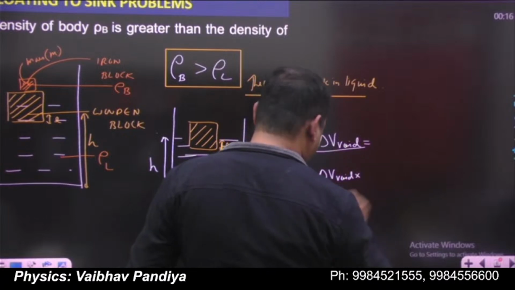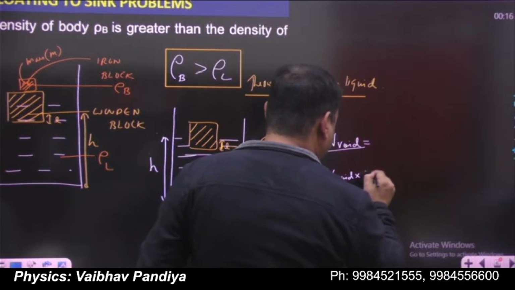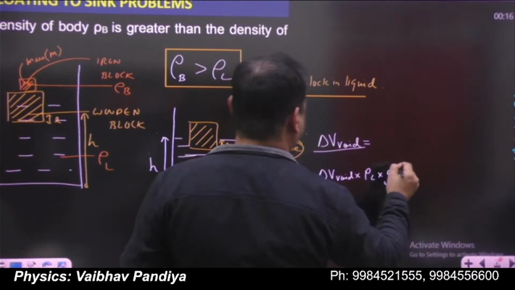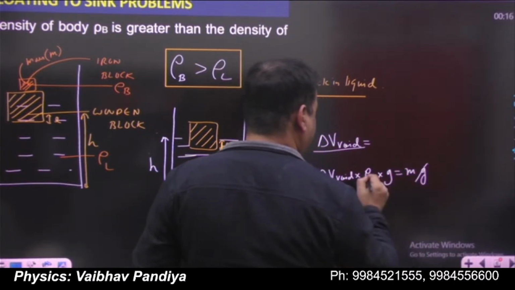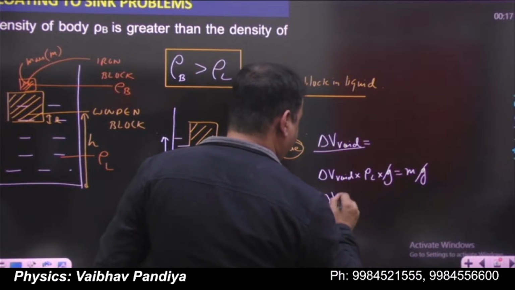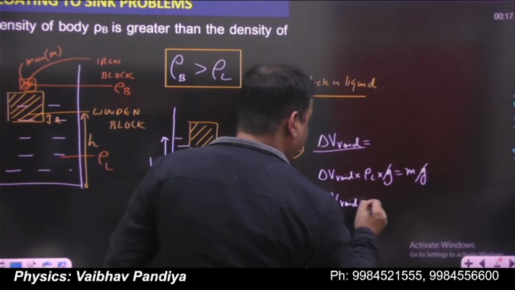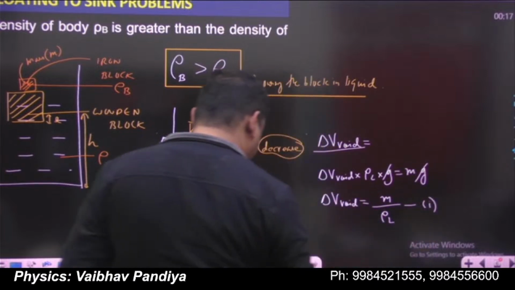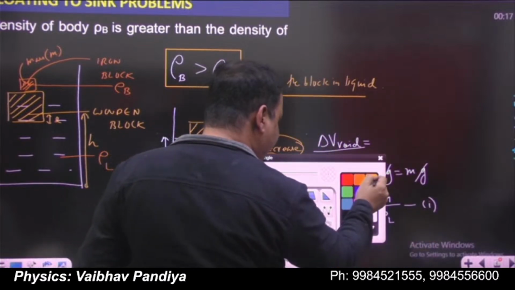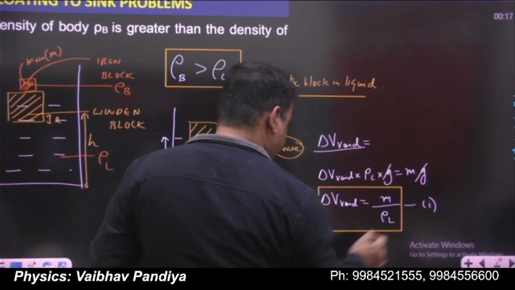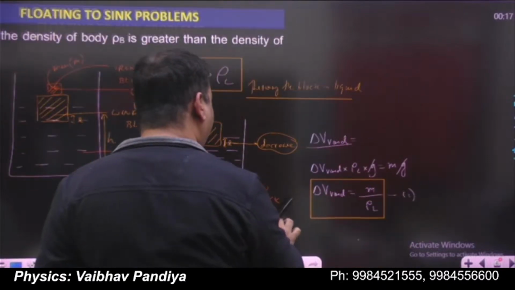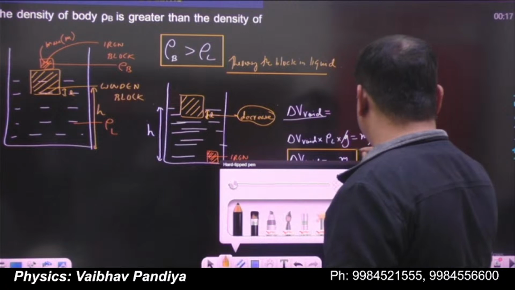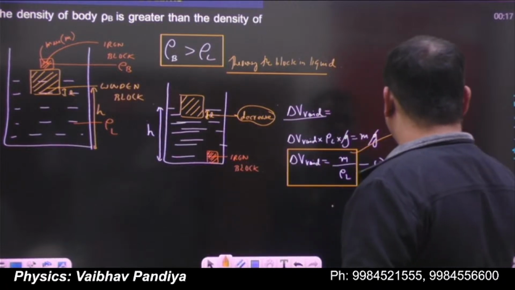So delta V void times density of liquid times g equals mass of the iron, M times g. So we'll get delta V void is equal to mass divided by density of the liquid, correct? This is the volume which is getting free on removing the iron block, correct? And this volume is responsible for decreasing the height.